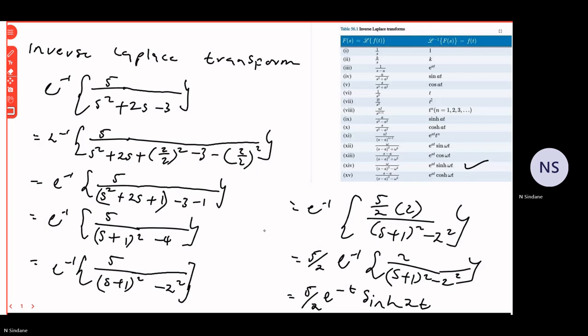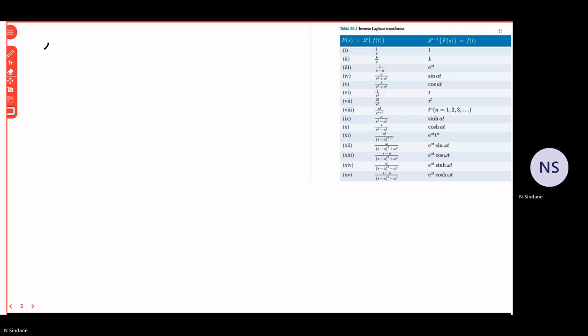We're given the next question, which is the Laplace inverse of 4s minus 3 divided by s squared minus 4s minus 5. In this case, I cannot factorize this; it's difficult for me to factorize.